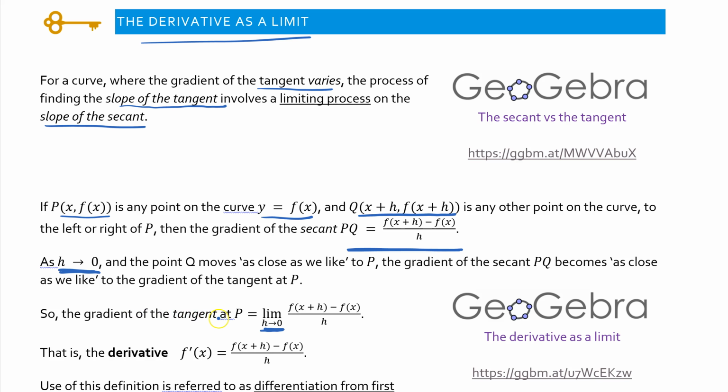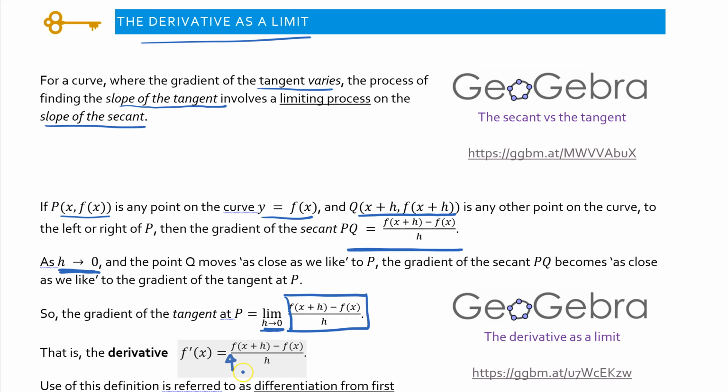So the gradient of the tangent is related to the gradient of the secant. So this much was the gradient of the secant. And the gradient of the secant becomes the gradient of the tangent as h tends towards 0. So that's our definition of the derivative. Actually, that's missing something there.